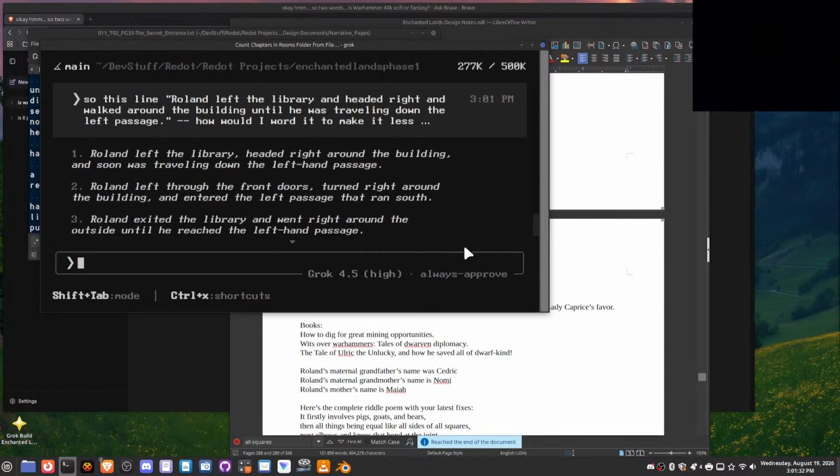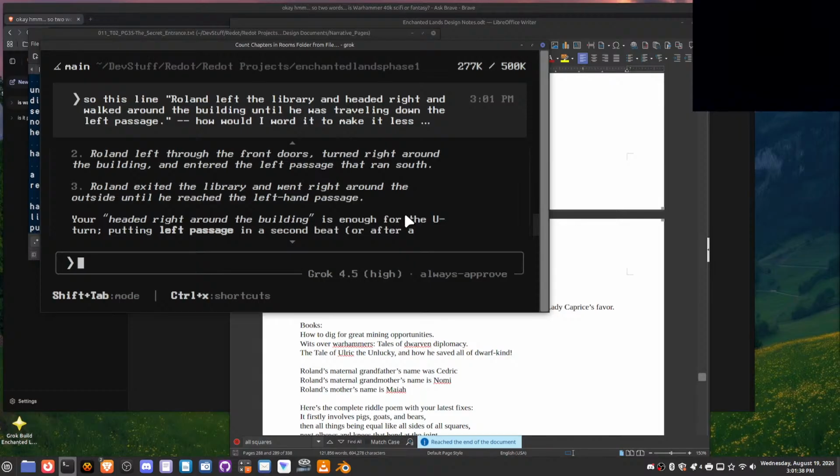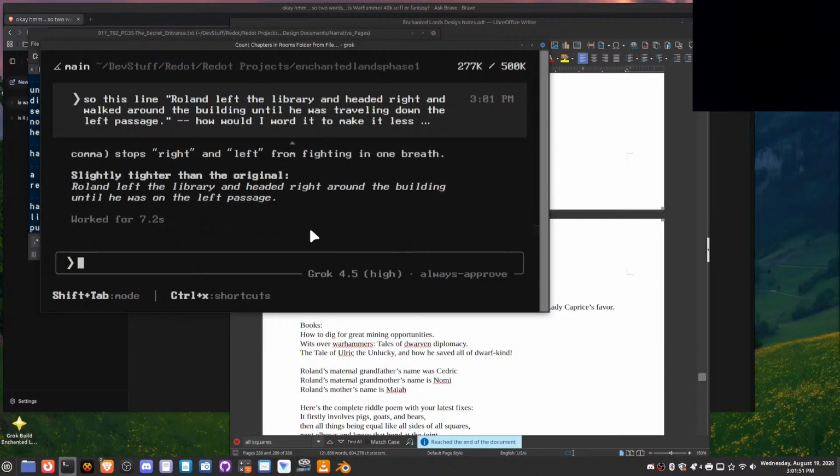Exit the library and went right around the outside until he reached the left-hand passage. Stops right and left from fighting in one breath. Roland left the library and headed right around the building until he was in the left passage.